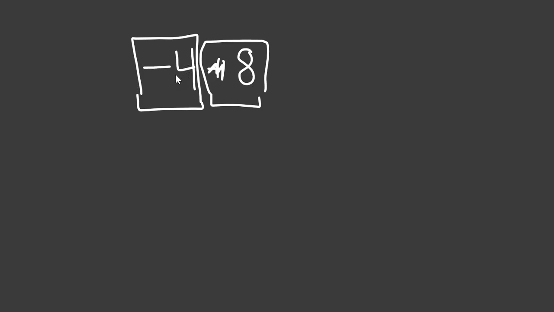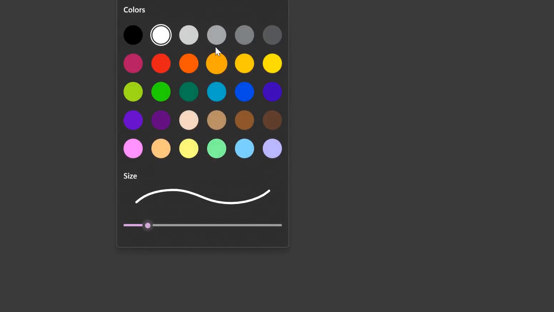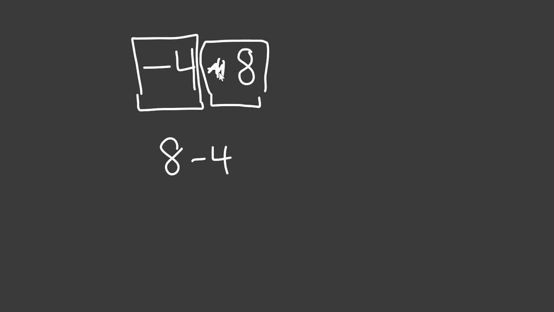There's 8, and there's negative 4. You can rearrange them to write it as 8 minus 4. You took this 8 and put it in front of that negative 4 to get 8 minus 4. So 8 minus 4 is 4. So negative 4 plus 8 is equal to positive 4.